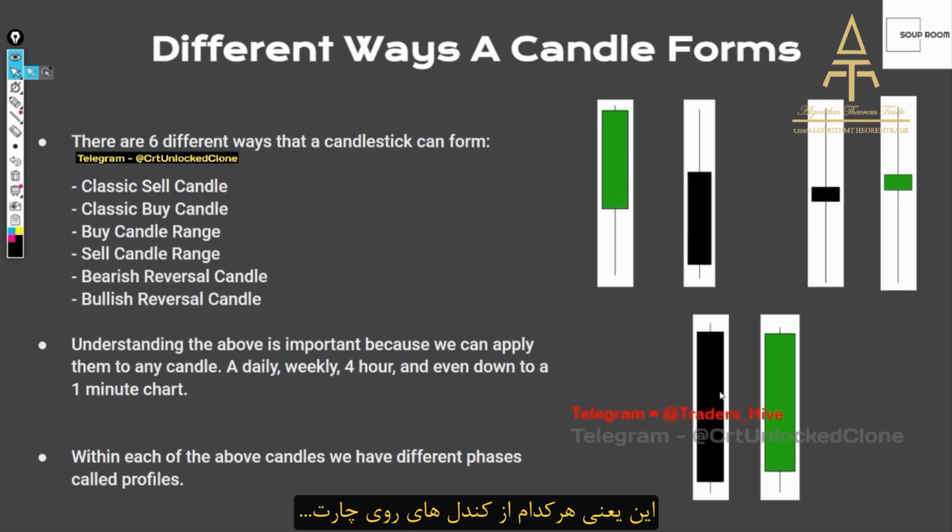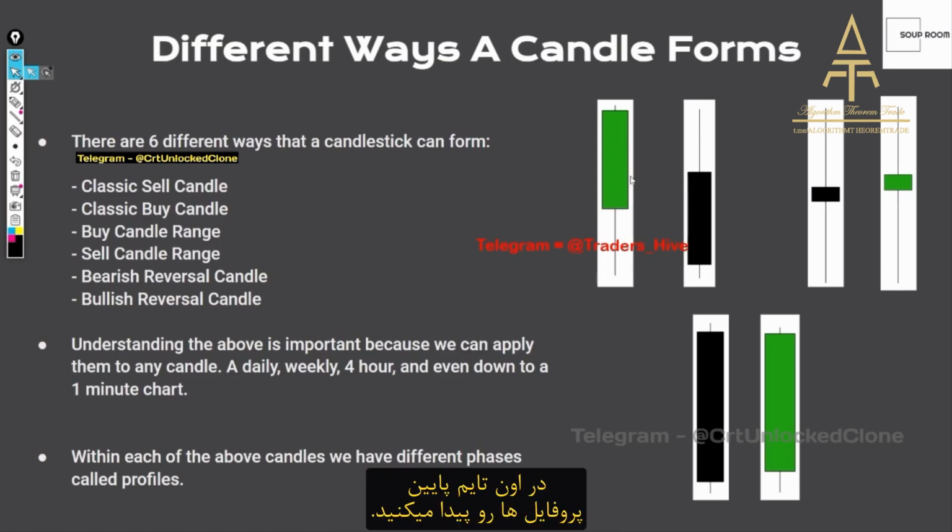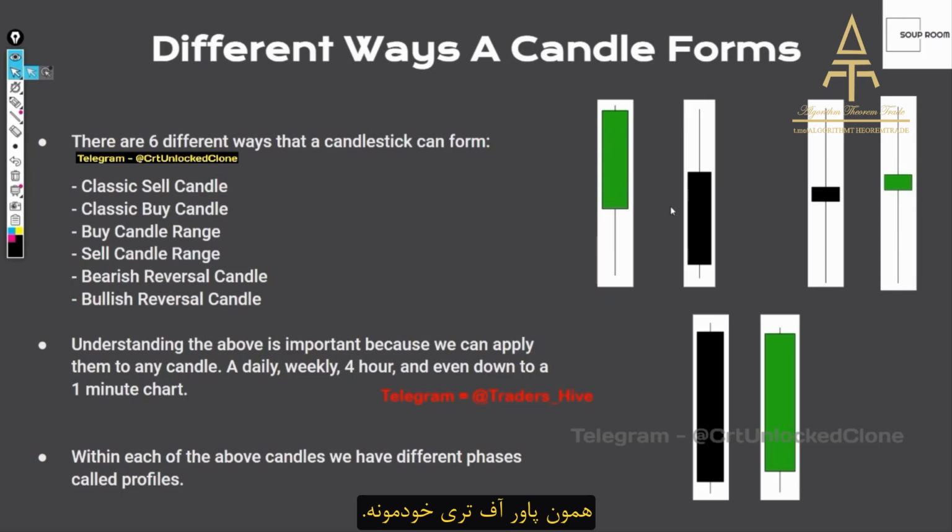This means that within every single candle on your chart, there is a lower time frame available. Within those lower time frames, you will find different phases called profiles. So this is basically breaking down the power of 3. Profiles are to help you understand the power of 3. Okay?